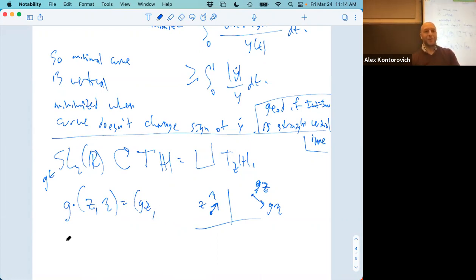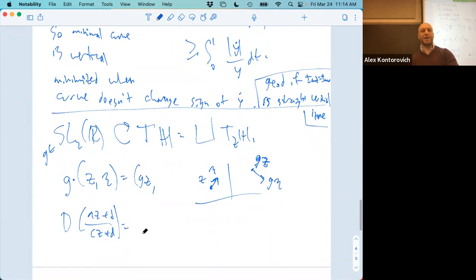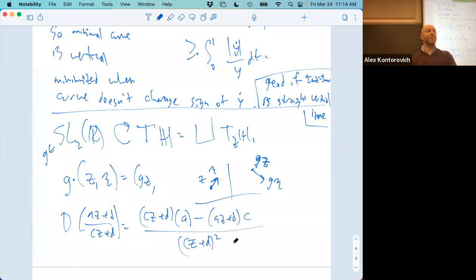If you compute the differential, if you differentiate (az plus b) over (cz plus d), what is this? I have the bottom times the derivative of the top minus the top times the derivative of the bottom, all over bottom squared. Right.